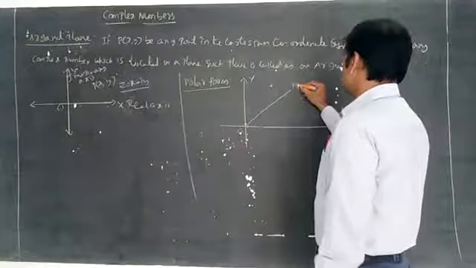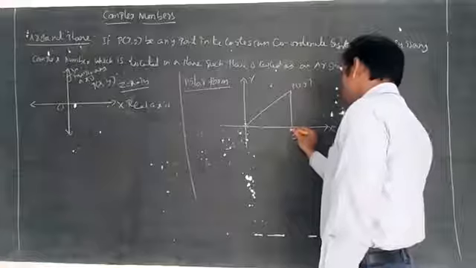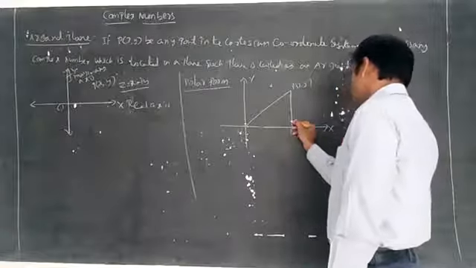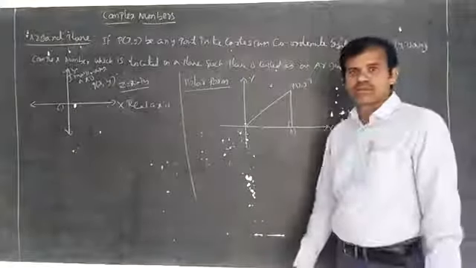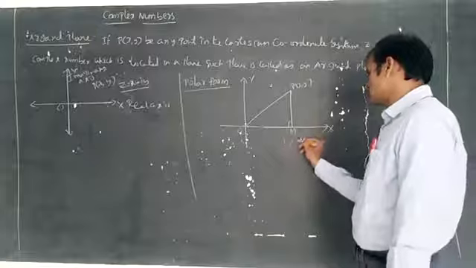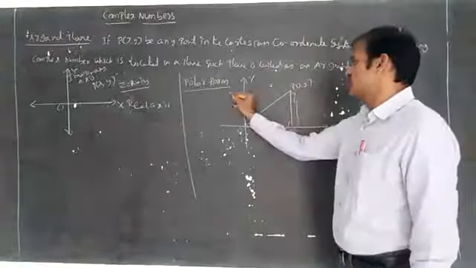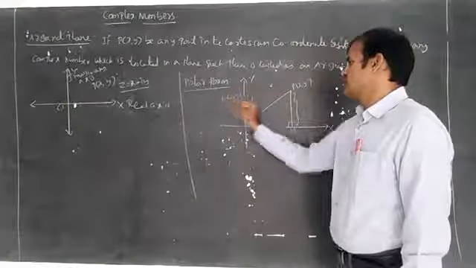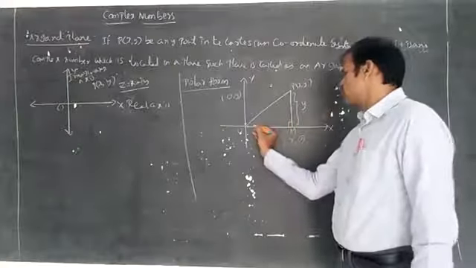Indicate the point P x comma y here. Draw here M or N, anything. PM is the perpendicular line from P x comma y to the x-axis. Write here x comma 0, and here 0 comma y. The line parallel to 0 comma y is here y. Put here theta.